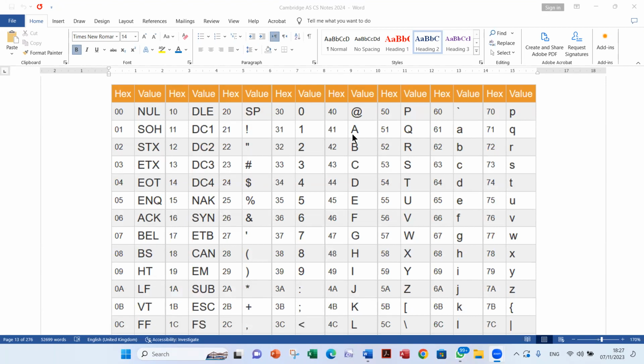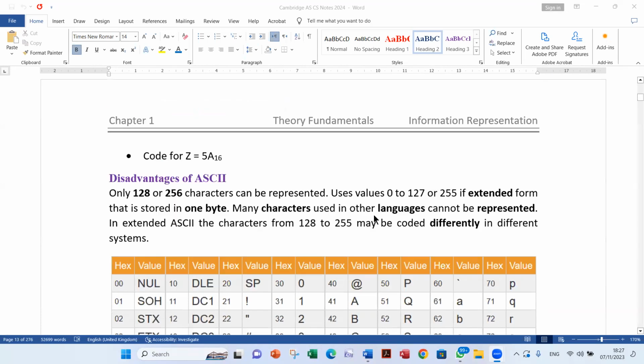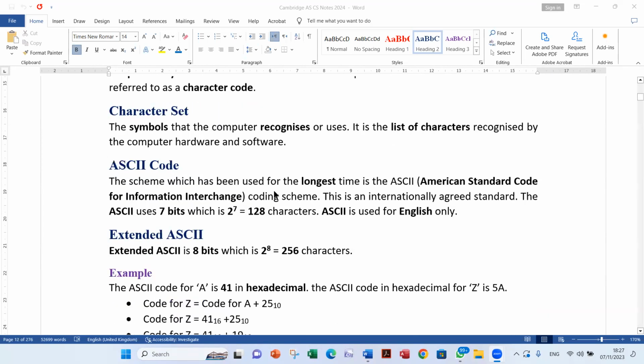Everything in computer is ones and zeros. So letter A and letter B and letter C are encoded using what is called ASCII. It stands for American Standard Code for Information Interchange. It is written here. Okay?